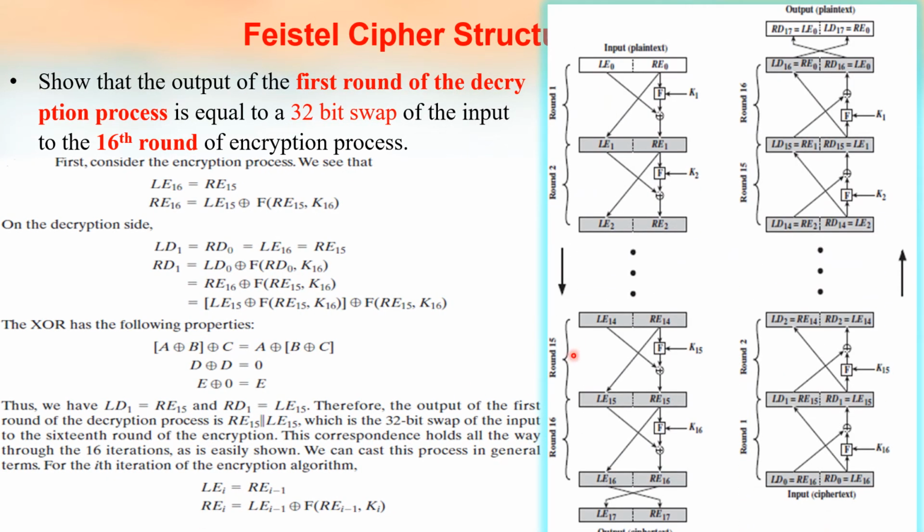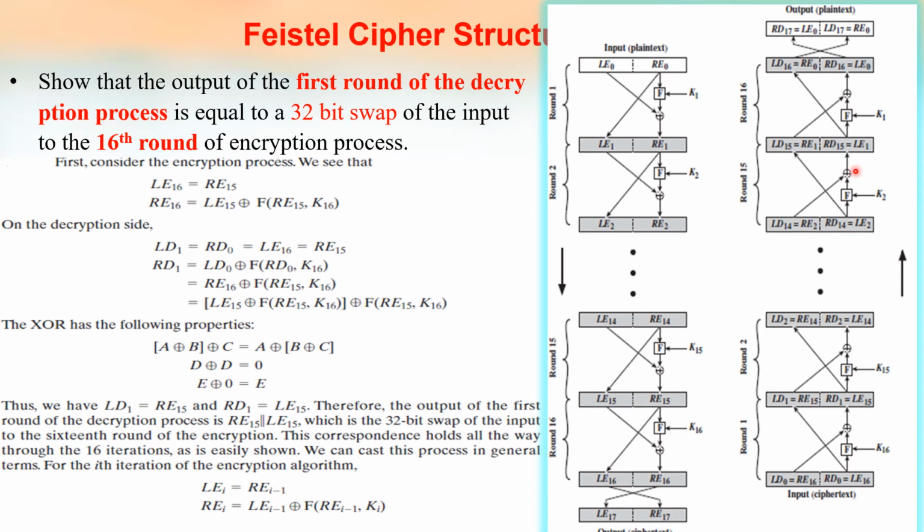We can prove that at each round of encryption and decryption, the values are same except that the two halves are interchanged. For example, consider this round. In this, LE14 and RE14 is at the encryption side, but this side it will be RE14 and LE14, that is right and left halves are interchanged.